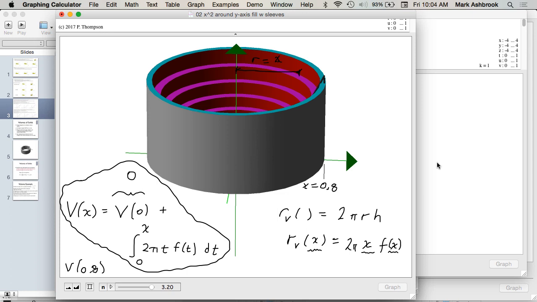No, because it's the outer radius. It's the one that's changing. But you said the height remains the same. Yep, inside the interval, right? So when we take f of x, yeah, this is the x at the start. This is the x throughout the interval. But when things get small, they're the same, right?